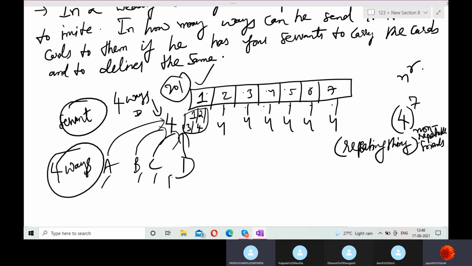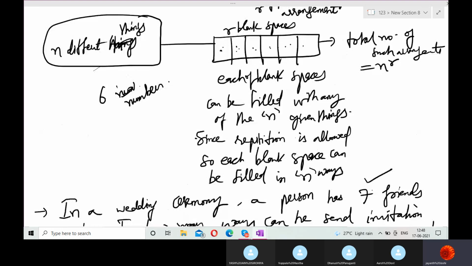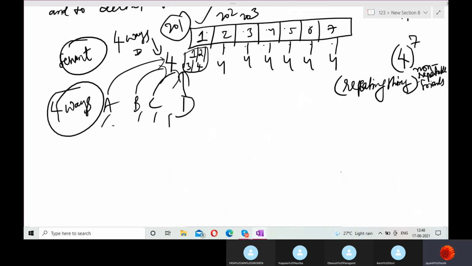Yes, sir. So A, B, C, D are the 4 servants, and flat 201 can get the card from any of them. I'm not saying all of them will go and give 4 cards. What will he do with 4 cards? He will accept from any one of them. Same is the case with flat 202, 203, like that. So 4 power 7 ways. Okay. Please make a note of this question fast. We'll go for the next.